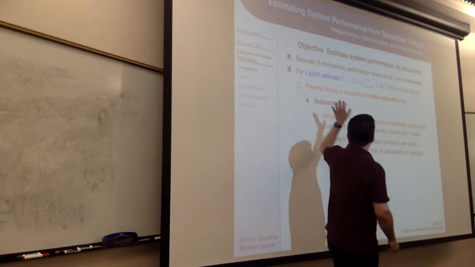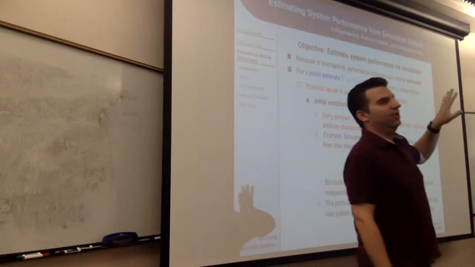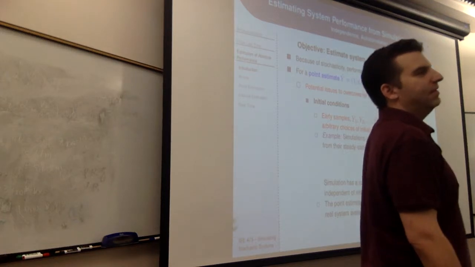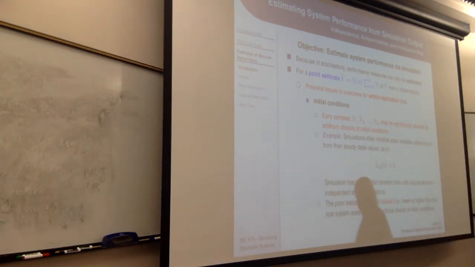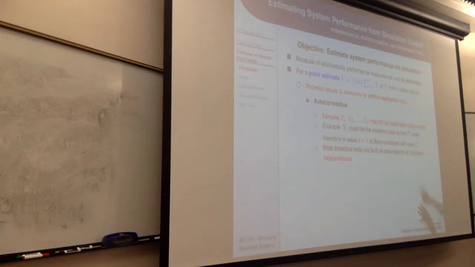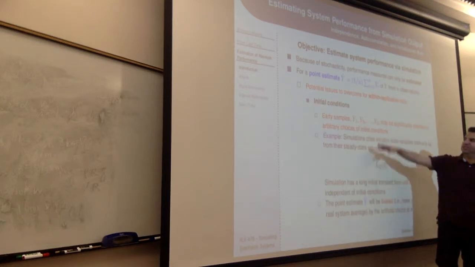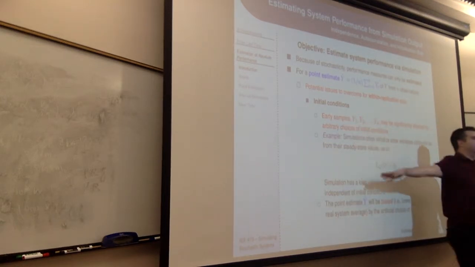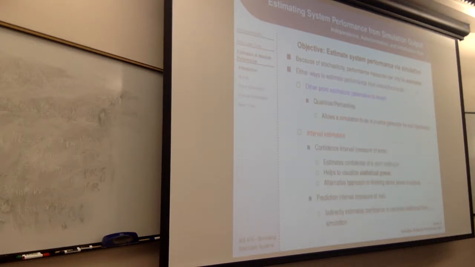So we have a challenge to independence, and we have a challenge to bias. And those are the things that we'll deal with in this unit when we talk about getting data out of these simulations. So are there questions about what I mean by autocorrelation within a replication and the potential issues of initial conditions within a replication? Again, this will become more concrete as we move on.